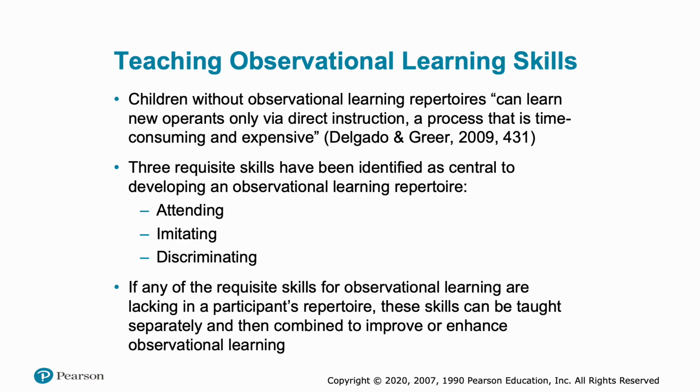So as I mentioned, observational learning really is a critical aspect in order to be able to acquire new skills without having to directly come into contact with the particular contingencies that are associated with specific behaviors. So children that don't have observational learning repertoires, they can learn new behaviors, they can acquire new skills, but they will only acquire them through direct instruction.